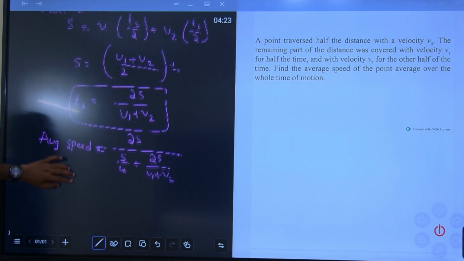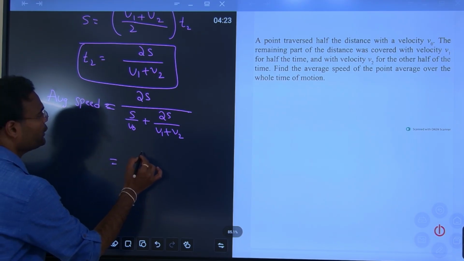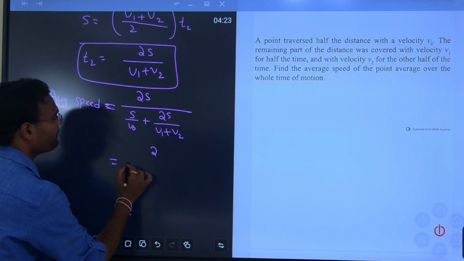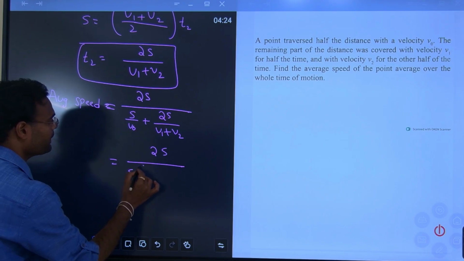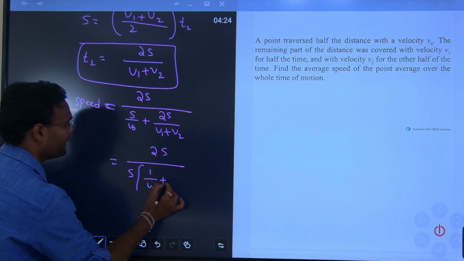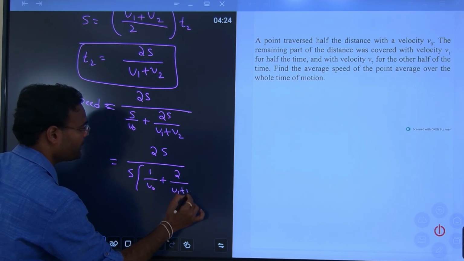Clear? Now take 2S common: 2 by 1 by V0 plus 2 by V1 plus V2.